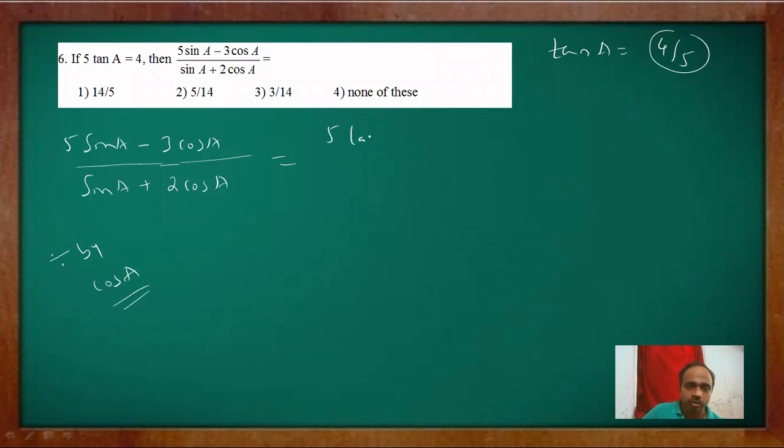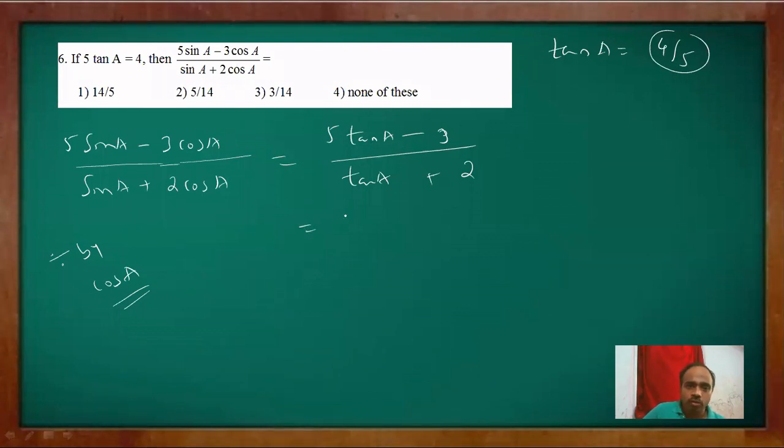So 5 sin by cos is tan, minus 3 cos A by cos A. Cos A by cos A is 1, upon sin A by cos A. Again tan A plus 2 cos A by cos A. Cos cancel, 2. So you get the tan A value. Substitute.